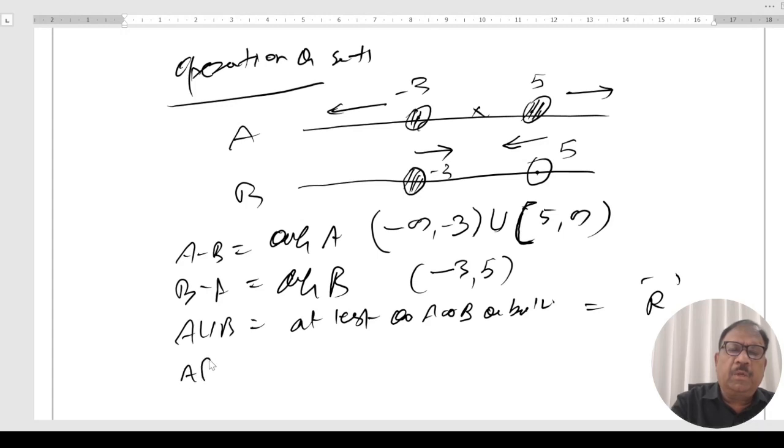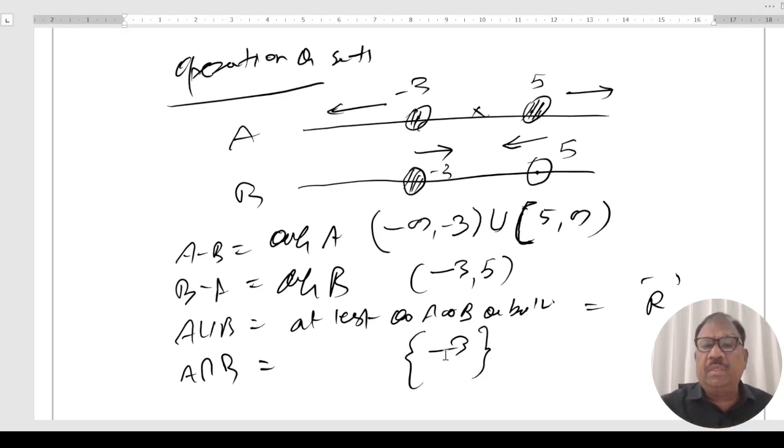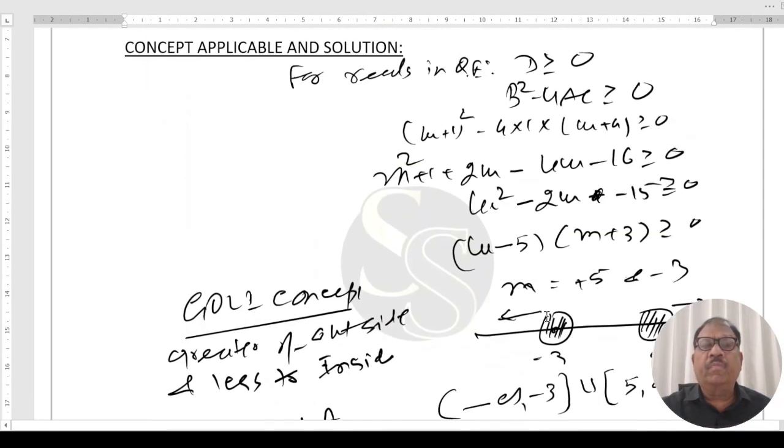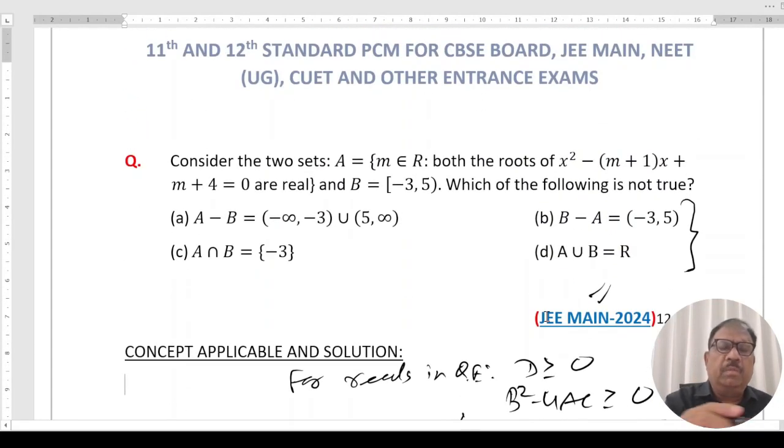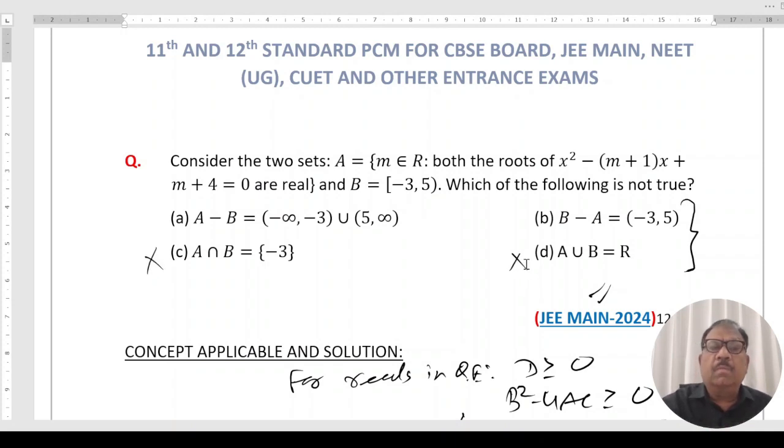And A intersection B will be, only common is minus 3. Let us see the answers. A intersection B is minus 3, this is not the wrong answer. A union B is this, this is not the wrong answer.